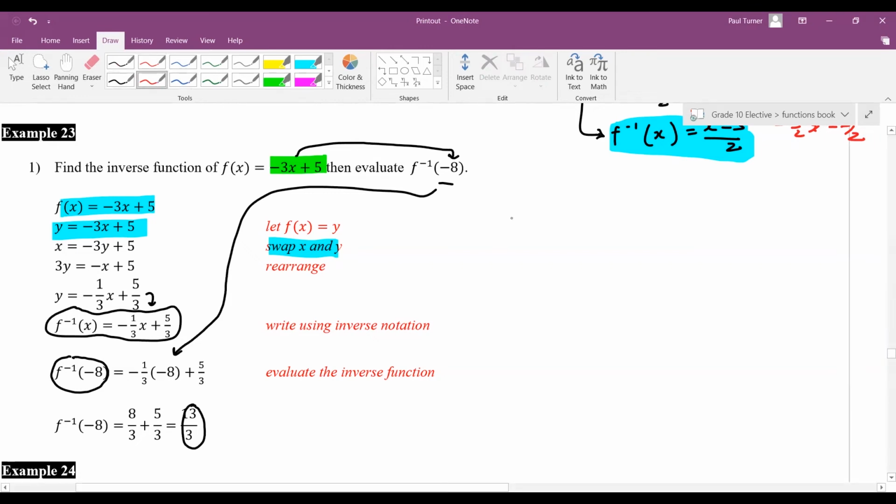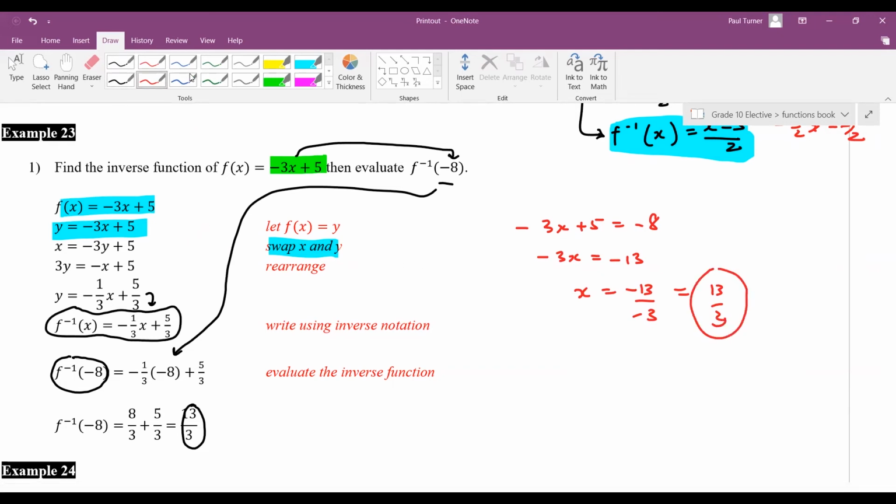So all you had to do here was go minus 3x plus 5 equals minus 8. So minus 3x equals minus 13. X equals minus 13 on minus 3, which is 13 on 3. Done. Finished. So you see the difference in the amount of work.